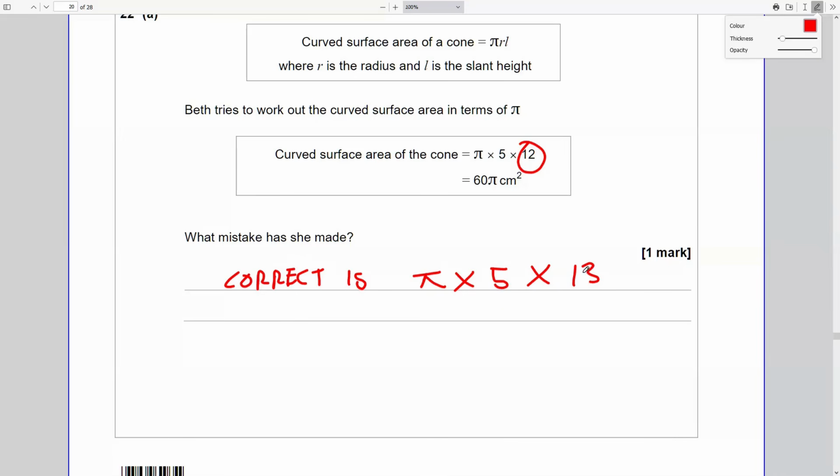Again, my rule, if I have 13, half of 13 is 6.5 times 5, move the decimal point, so it's 65 pi. Whereas that would have been 12 fives, which is 60 pi. I think I've overkilled it there, but they get the idea of what you're saying.